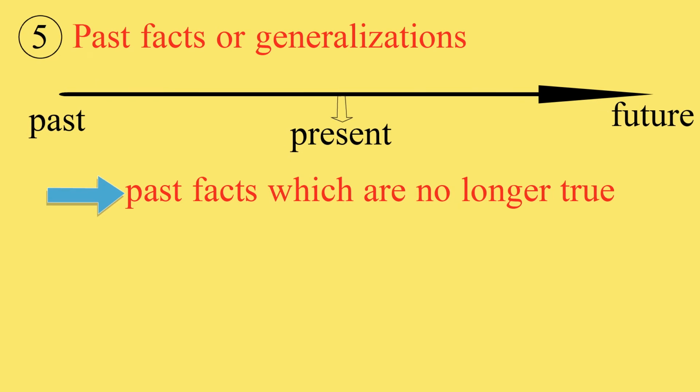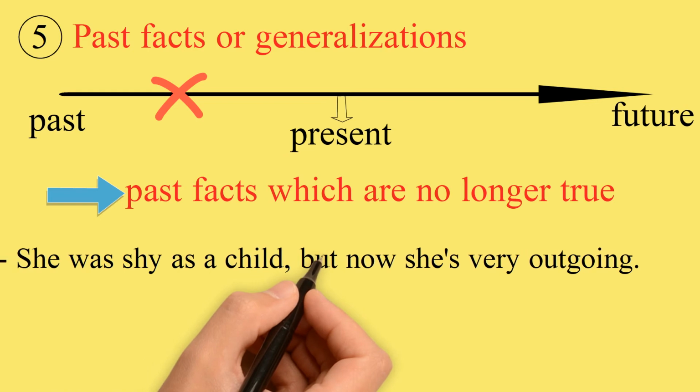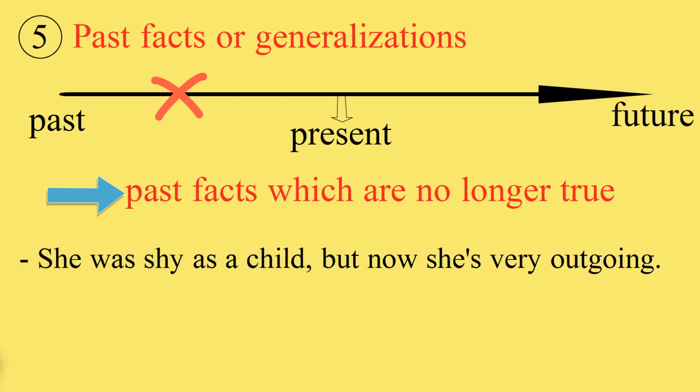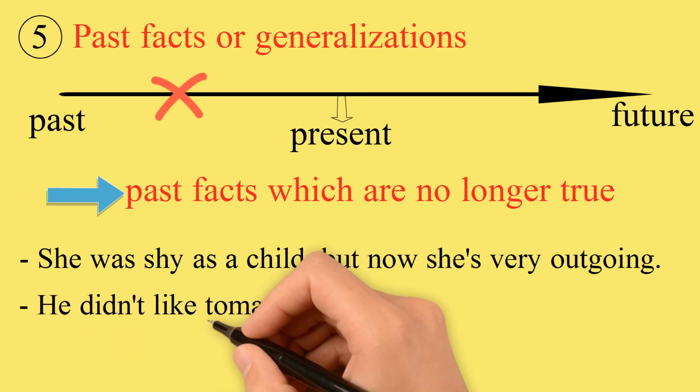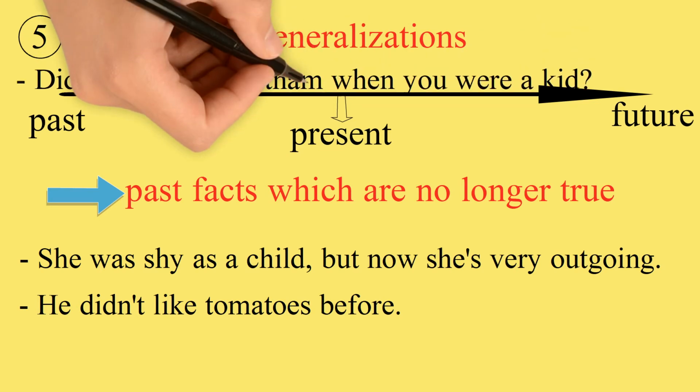For examples, she was shy as a child, but now she is very outgoing. He didn't like tomatoes before. Did you live in Vietnam when you were a kid?